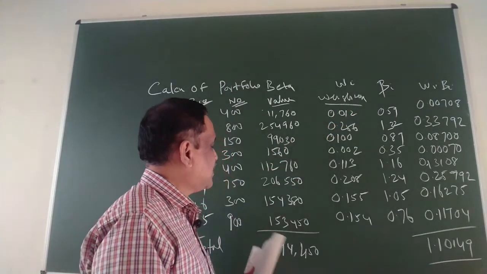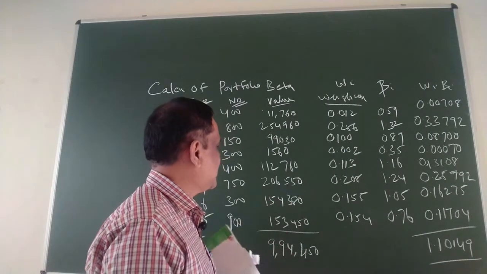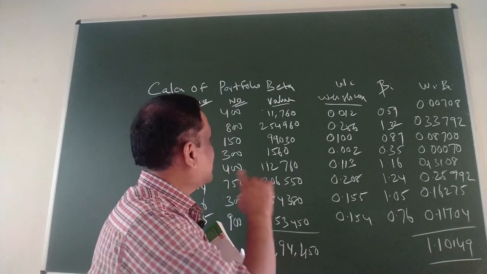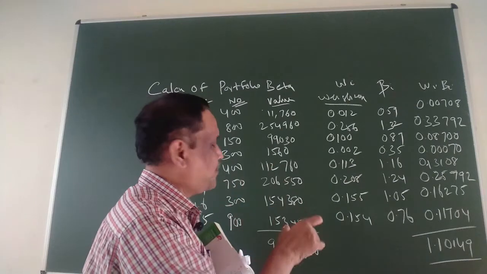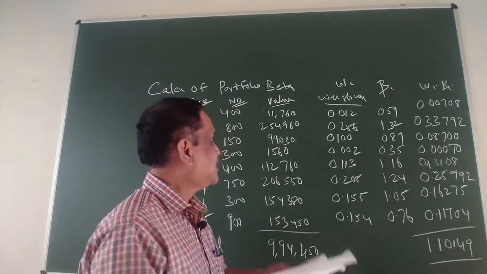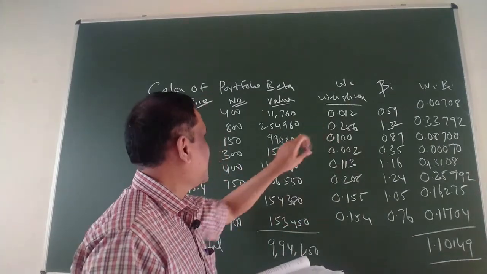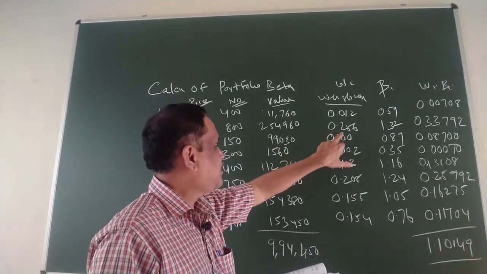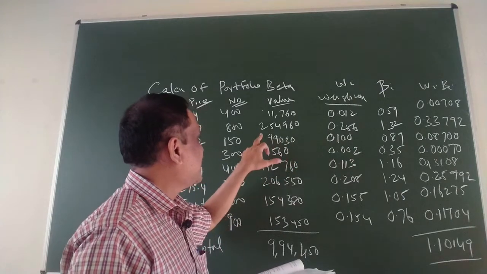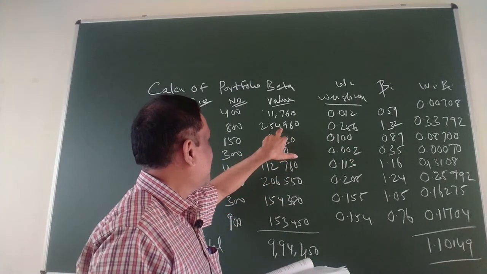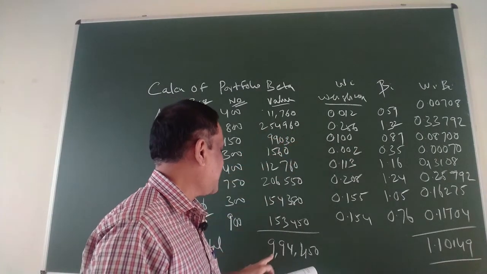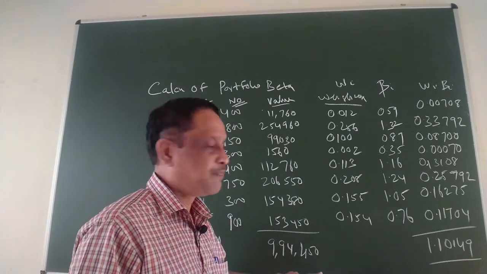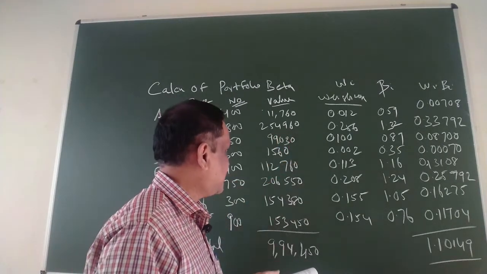That is, in the portfolio, the weightage of company A is 0.012. Similarly, if you do the same for company B, it is 0.256, which you get by dividing 2,54,960 by 9,94,450.